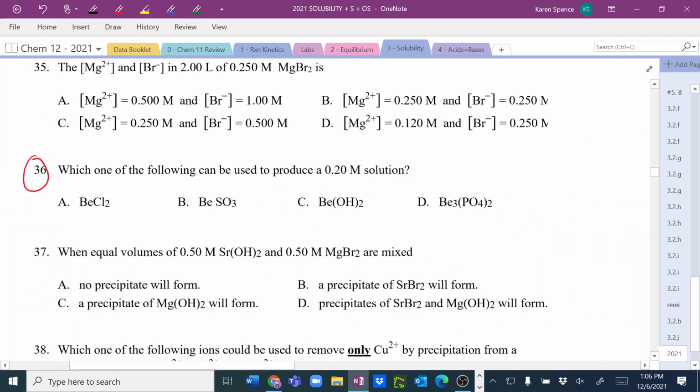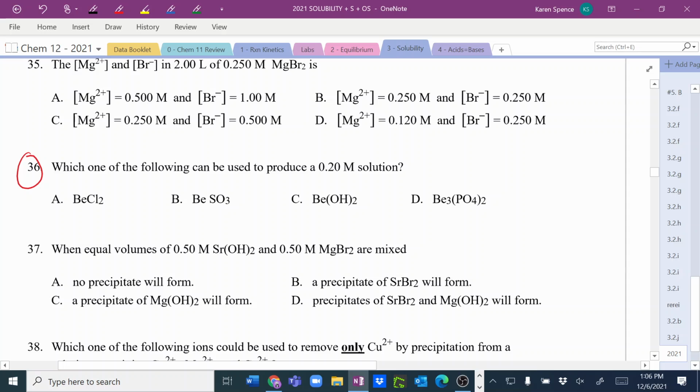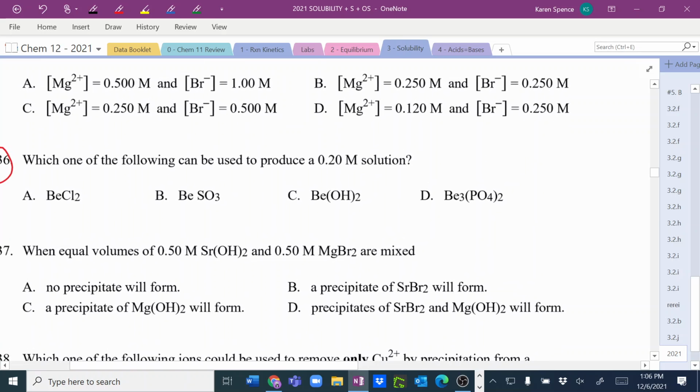Which of the following can be used to produce a 0.2 molar solution? What does it mean if something is 0.2 molar? That means it is soluble, because if you can make more than 0.1 molar, it must be soluble.